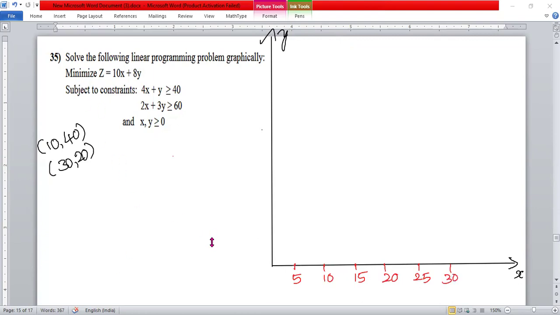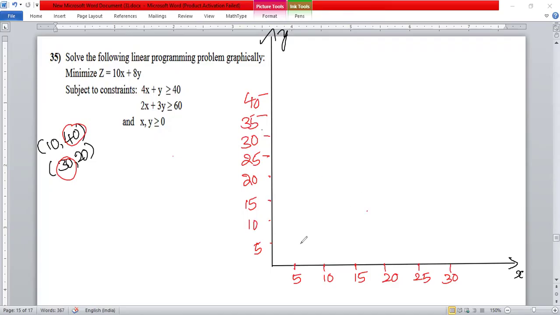The y-axis, 40 is the highest: 5, 10, 15, 20, 25, 30, 35, 40.